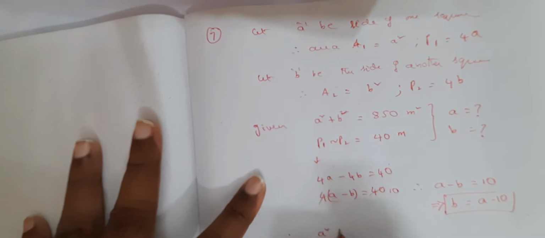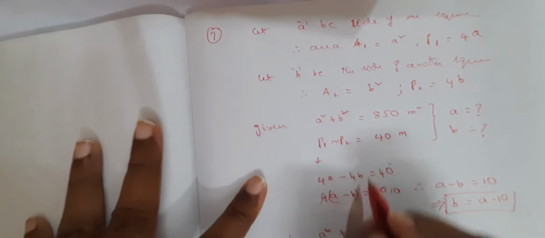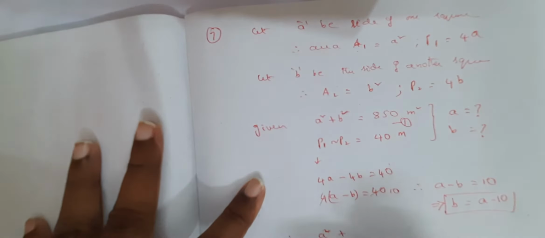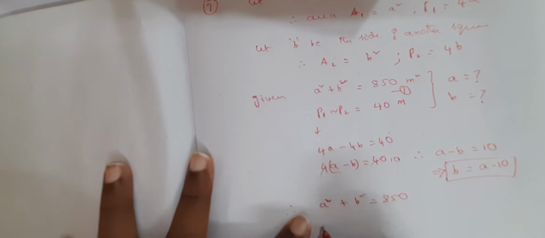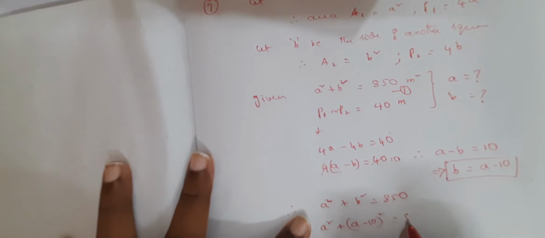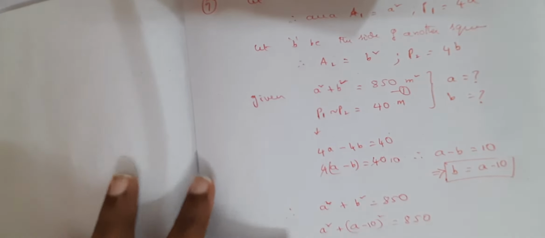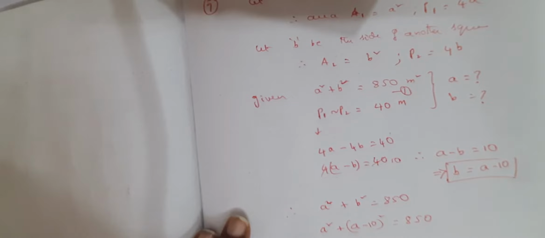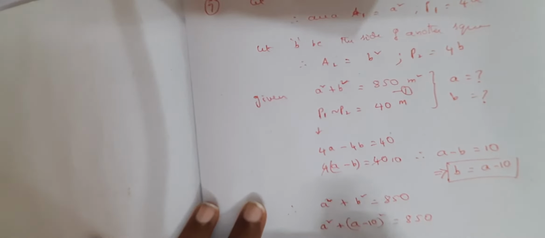Let this be equation 1. Therefore A square plus B square is equal to 850 means A square plus (A minus 10) whole square is equal to 850. Let us solve.